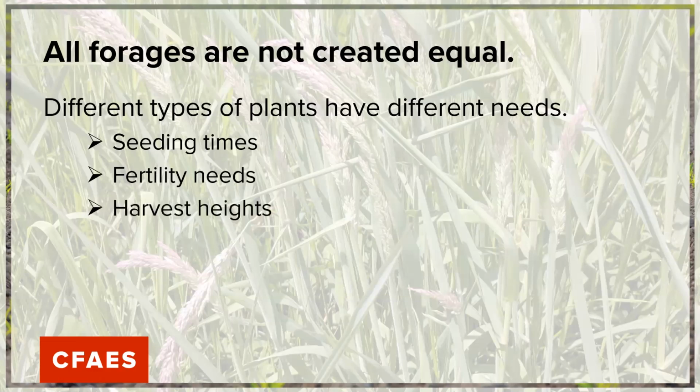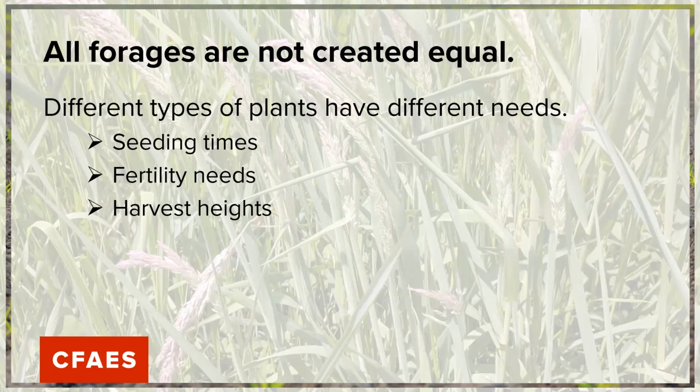Harvest height is something that needs to be paid attention to in a grazing situation as well as a hay system. For example, most of our warm season forage crops need to be harvested at about 8 inches if you intend to get really good regrowth on those stands when we're talking about those native perennial warm seasons.